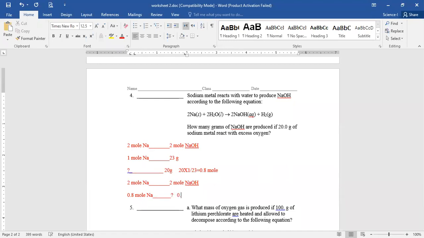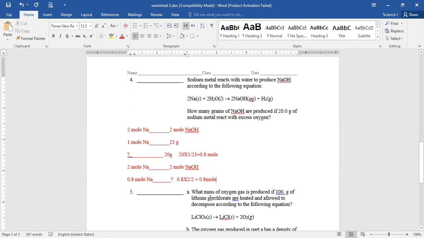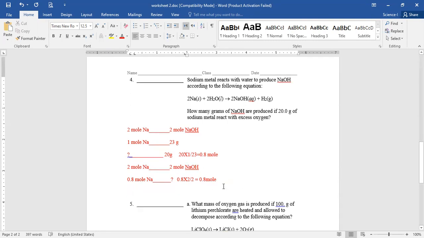It will be 0.8 multiplied by 2 divided by 2, so it equals 0.8 mole. Is my calculation true? Yes, true.